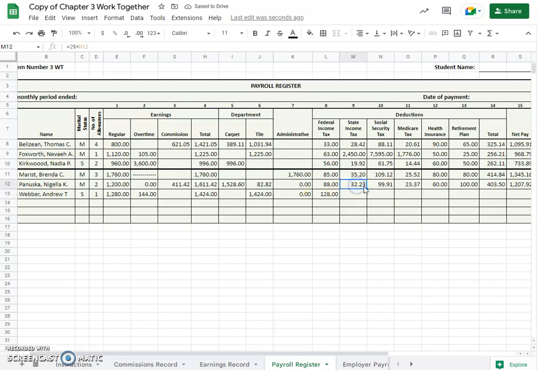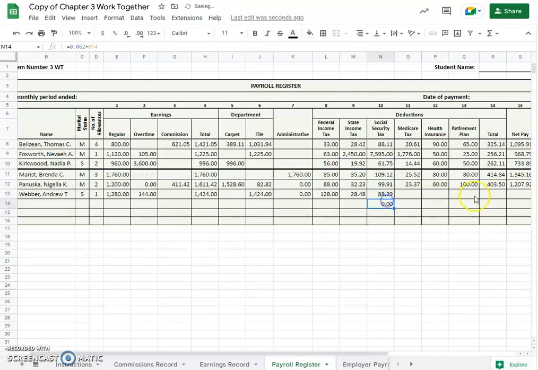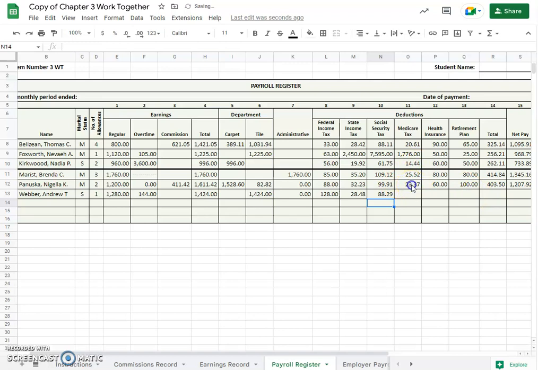State income tax, I bet we used 2% times H12, which should still work for us, so we'll just drag that down. And 6.2% times H12, we'll drag that formula down as well. Medicare tax should work the same way. So those amounts ended up being $28.48, $88.29, and $20.65.